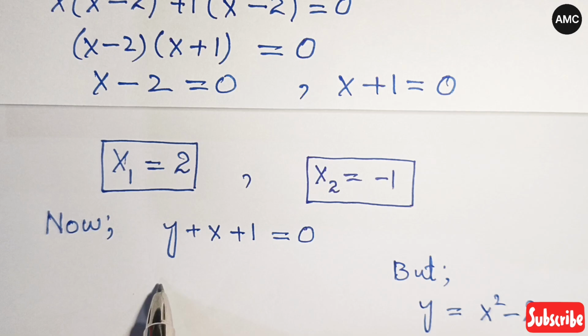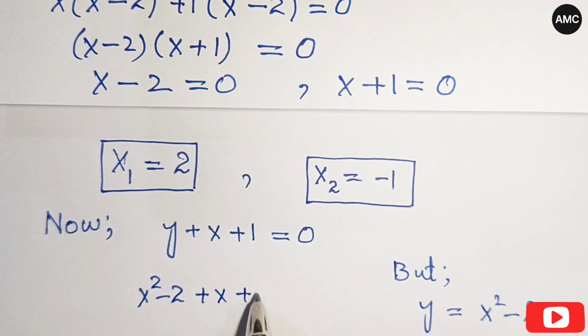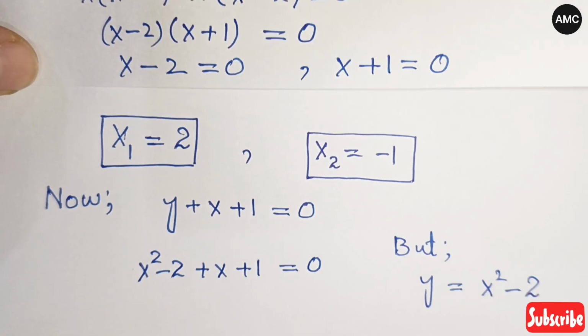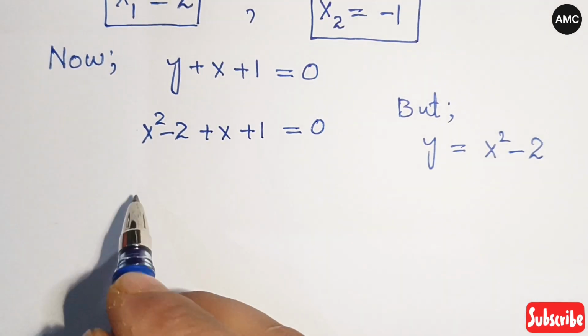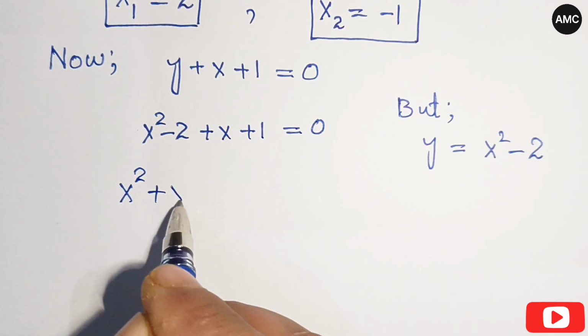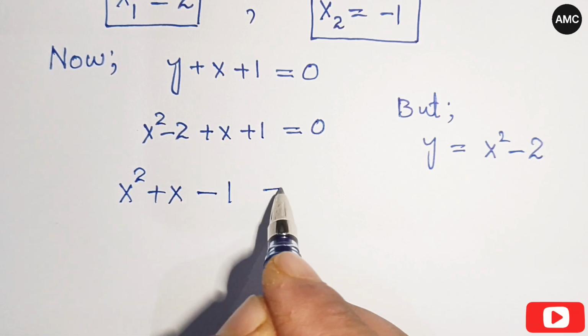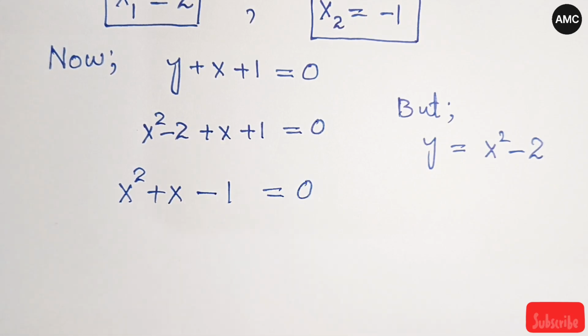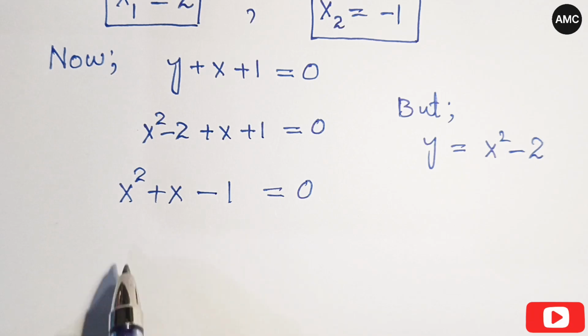So putting the value of y, we get x squared minus 2 plus x plus 1 is equal to 0. Now x squared plus x, and minus 2 plus 1, we get minus 1, is equal to 0. So we have x squared plus x minus 1 is equal to 0, which is a quadratic equation. We have to solve this by using the quadratic formula.